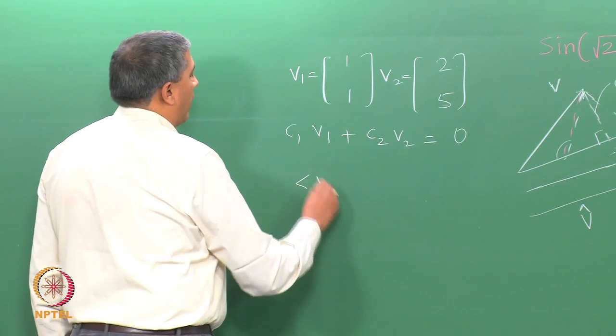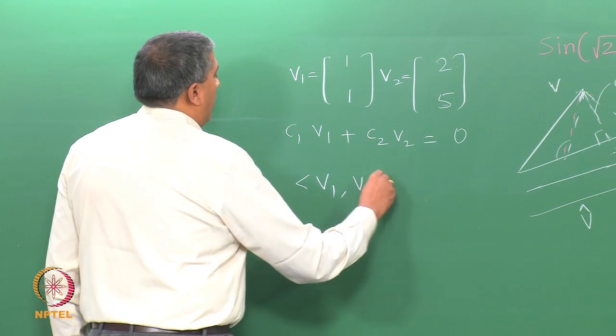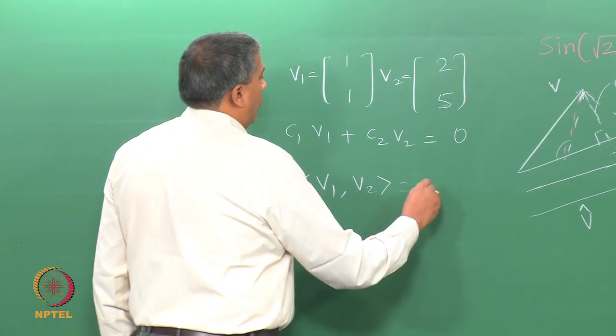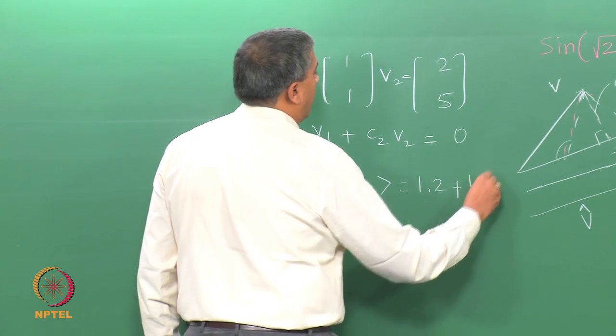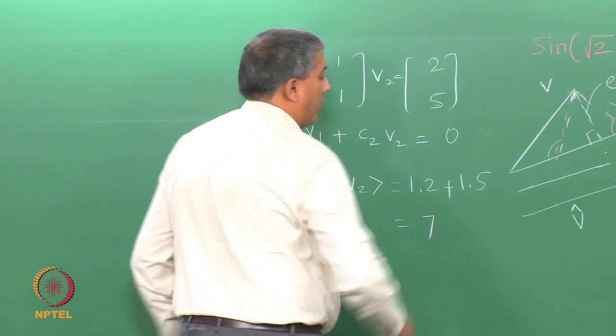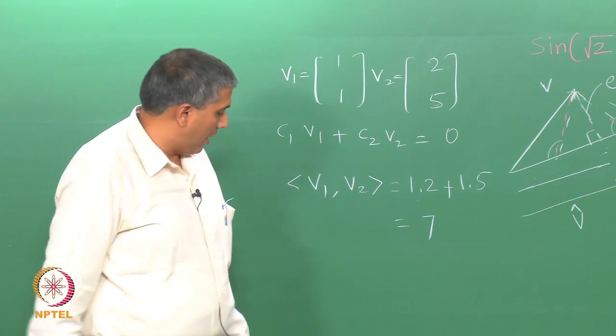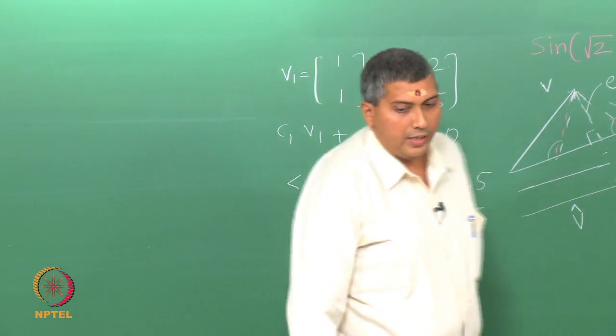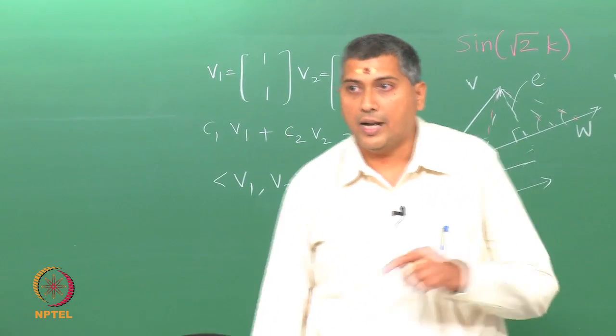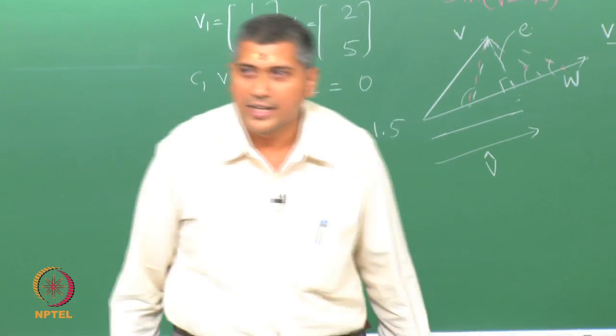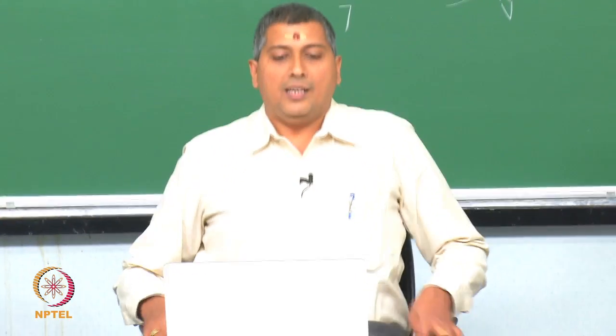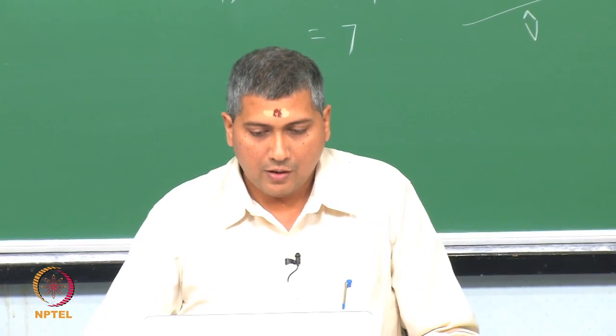So the dot product between these two vectors is 1 times 2 plus 1 times 5, and that comes out to be 7, which is not 0, and therefore it is not orthogonal. On the other hand, all orthogonal vectors are linearly independent, and that I will leave it to you to check. All right.